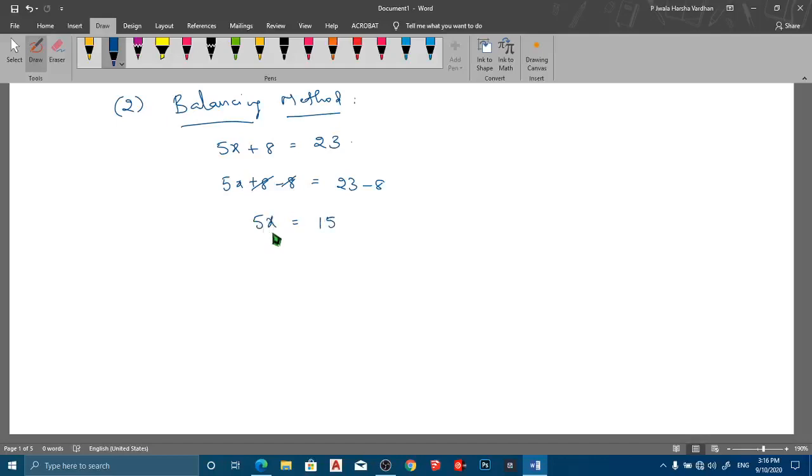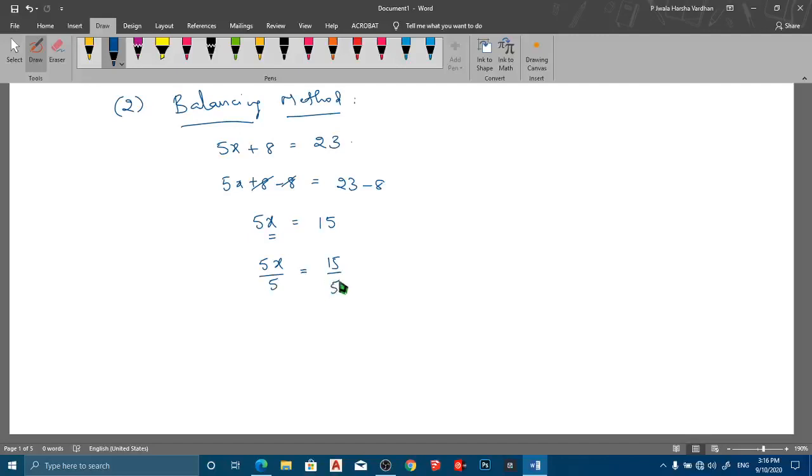So again, we have a constant term. You should find only the x value here, but the extra number 5 is there. What is meant by 5x here? 5 into x. So to remove this 5 in the left side, you have to divide by 5, and you have to do the same operation in the right side also, because the value of the equation should not be changed.